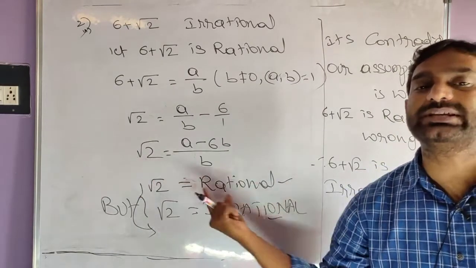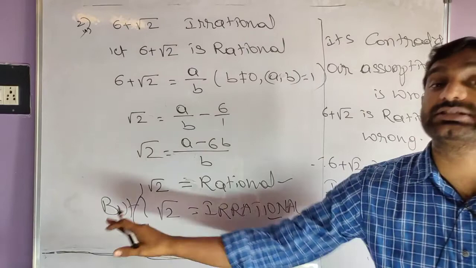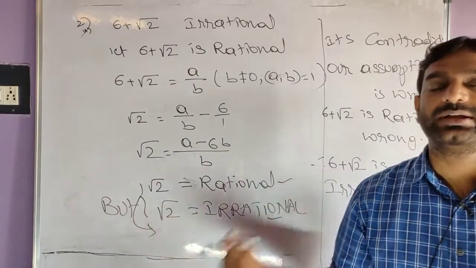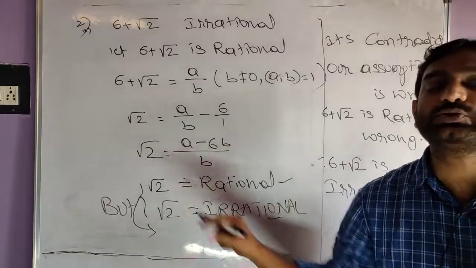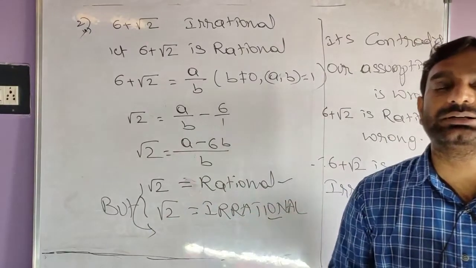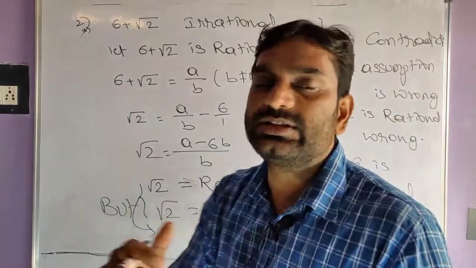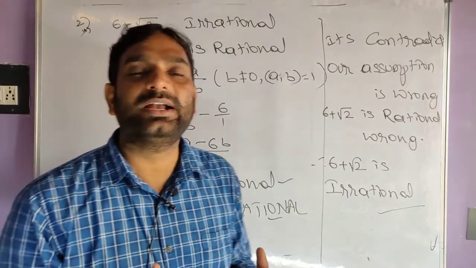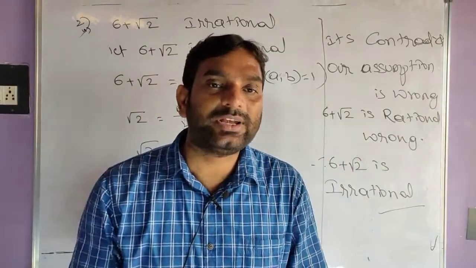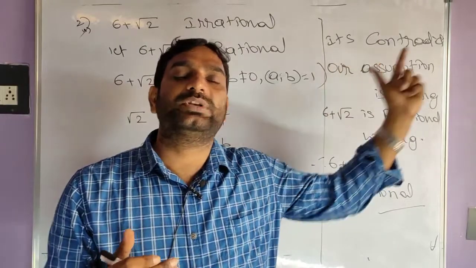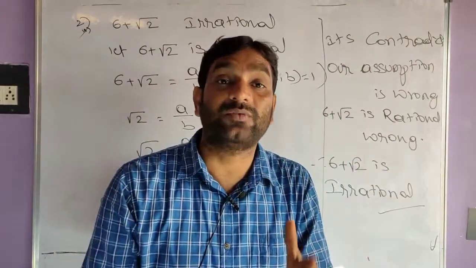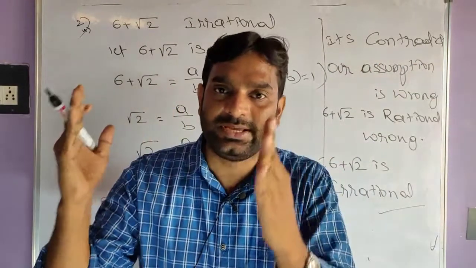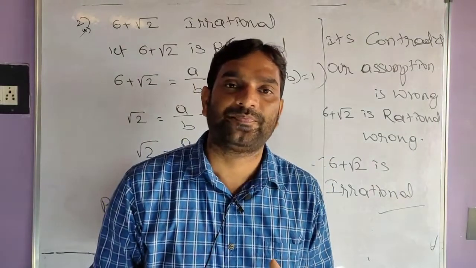We got root 2 is a rational number, but we know that root 2 is an irrational number. These two statements contradict each other. By that we can say our assumption is wrong. What we assumed, that 6 plus root 2 is a rational number, is wrong. Then what is correct? 6 plus root 2 is an irrational number. Is it clear?